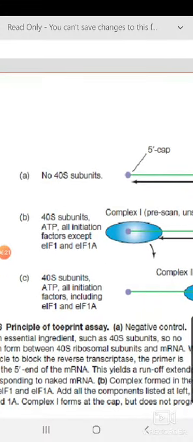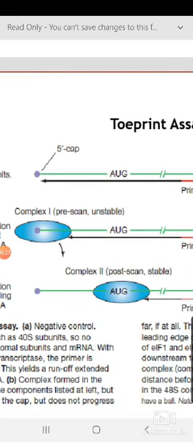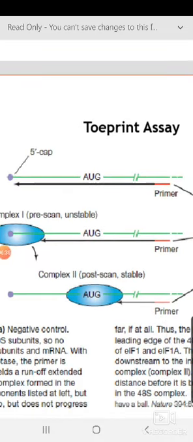Now when they added these two initiation factors, EIF1 and EIF1A, scanning starts. The whole complex with the small subunit of ribosome travels downstream and reaches the AUG, which is called scanning.